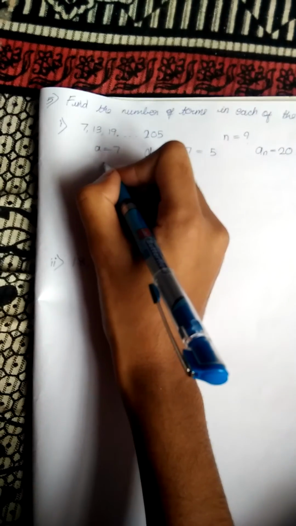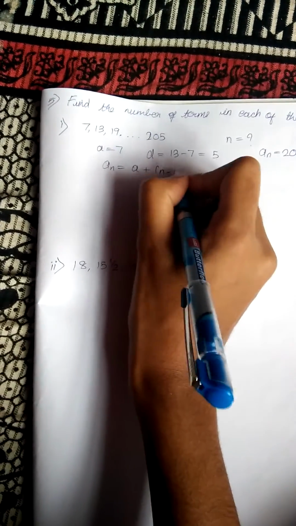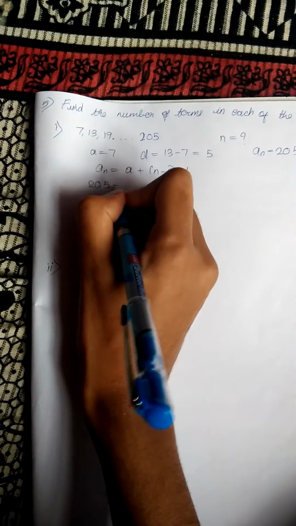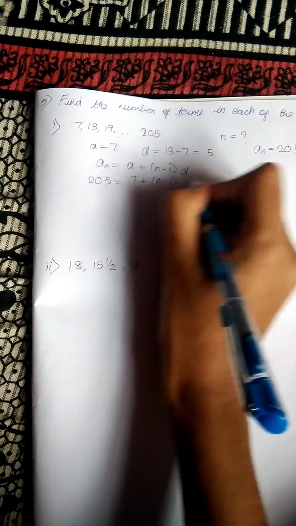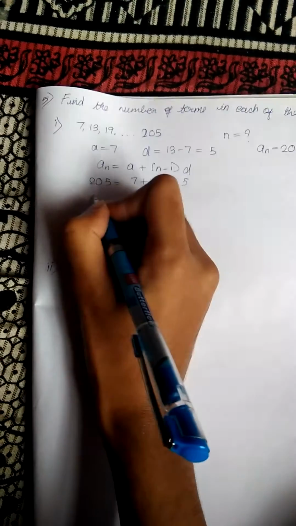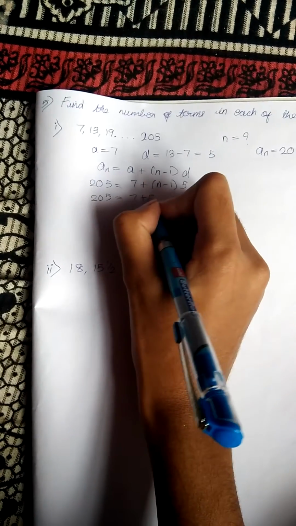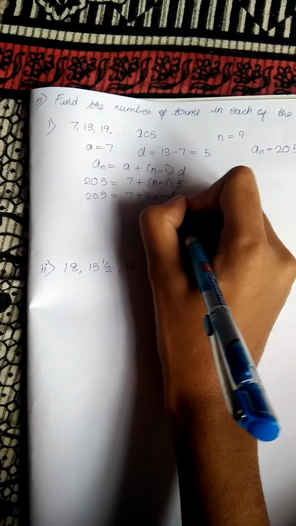Let's use the nth term formula. An equals a plus n minus 1 d. An, I know it as 205. The first term is 7, n minus 1, d is 5. So 205 equals 7 plus 5n, minus 1 into 5, 5.